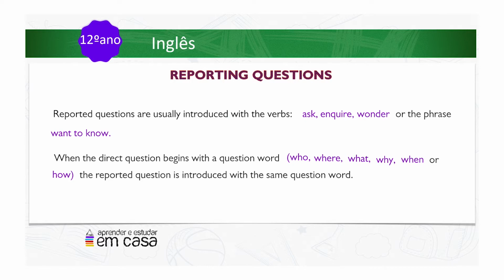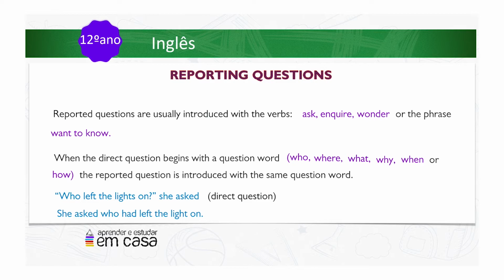The reported question is introduced with the same question word. Okay? Let's see an example. "Who left the lights on?" She asked. What is the reported question? She asked who had left the light on. So the same question word in the question remains in the reported question.